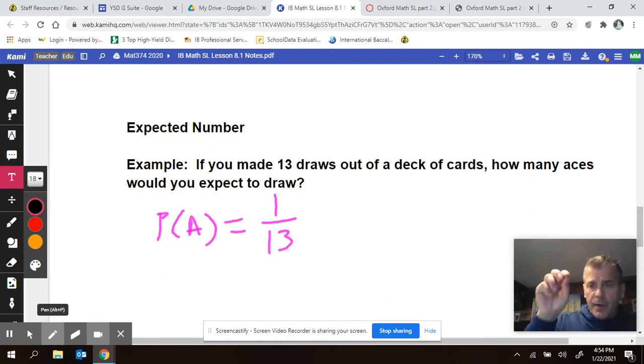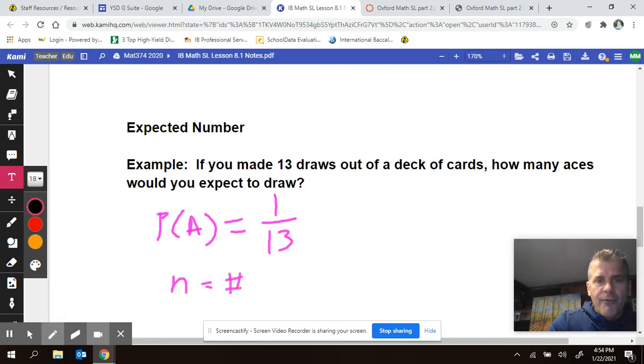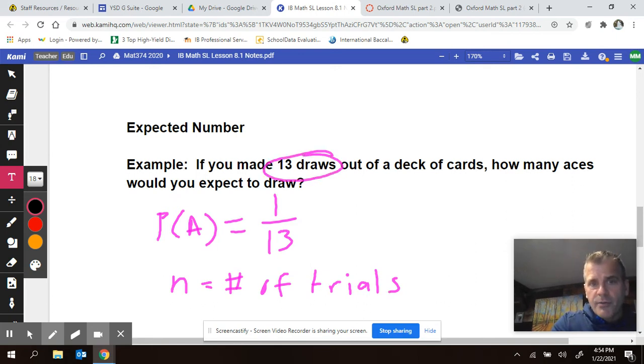Well, n equals the number of trials, the number of draws. So the number of times you're doing this thing, this trial. In this case, it was 13 draws, or trials.